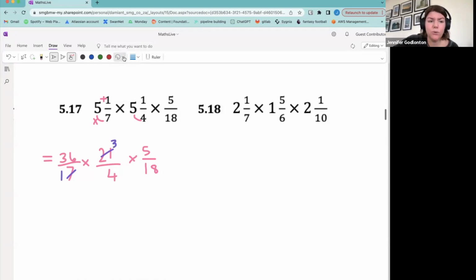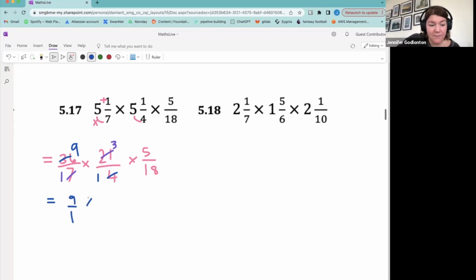All right, cool. We can look at our 36 and the 4. 4 goes into itself once and 4 goes into 36 9 times. Cool. So we land up with 9/1 times 3/1. Let's just write out these fractions. So 9/1 times 3/1 times 5/18.